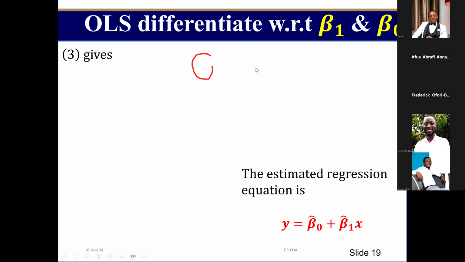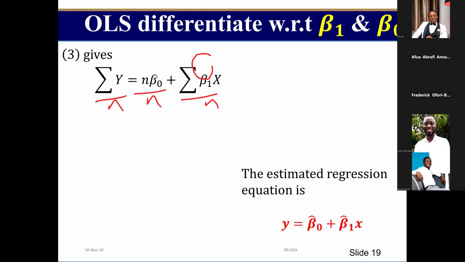And then now, once you have this, what you got to do is to just find beta naught. How do you get beta naught from here? Well, what you normally would do is divide both sides by the sample size. So you divide both sides by n here, this one by n, and this one by n. So this sigma y over n becomes y bar, the mean of y.